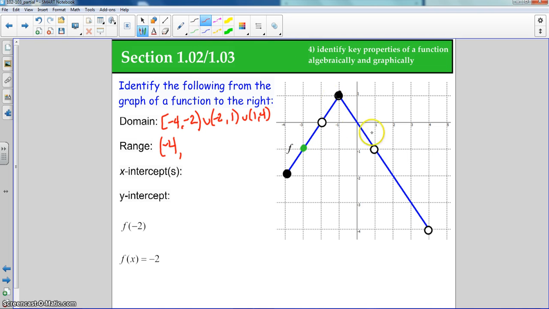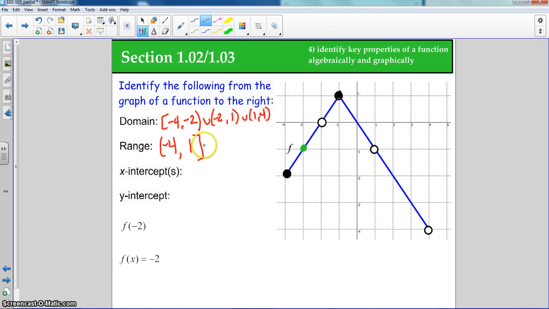So I can continue even though I have a hole. At 0 I actually have the same thing. Then the highest point is just going to be 1, so I can go forward to 1 with a bracket, and I'm done. Be careful of this misconception. Even though you have a hole, check to see if you have another y value at that point.